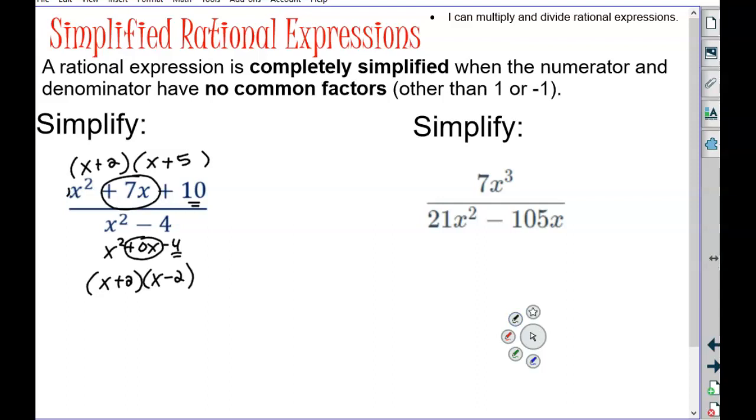So if you want to, you can think, all right, I changed the appearance of this so it's in factored form, and I changed the appearance of both of those so it's in factored form. Now let's compare top and bottom. Do they have a common factor on top and on bottom? Well, it's going to reduce out: an x plus 2 on top and an x plus 2 on bottom. And our new simplified answer is written: whatever's left in the numerator over whatever's left in the denominator.